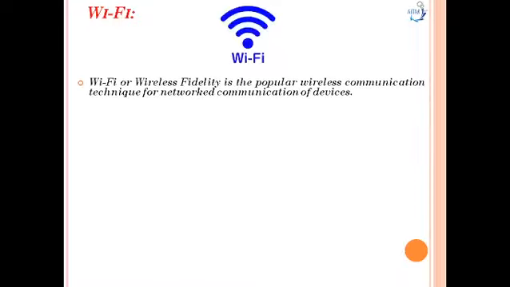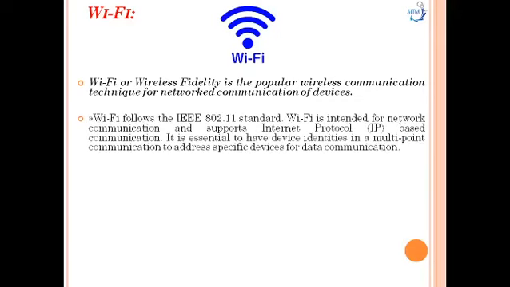Wi-Fi, or wireless fidelity, is the popular wireless communication technique for networked communication of devices. Wi-Fi follows the IEEE 802.11 standard, is intended for network communication, and supports IP, Internet Protocol based communication.